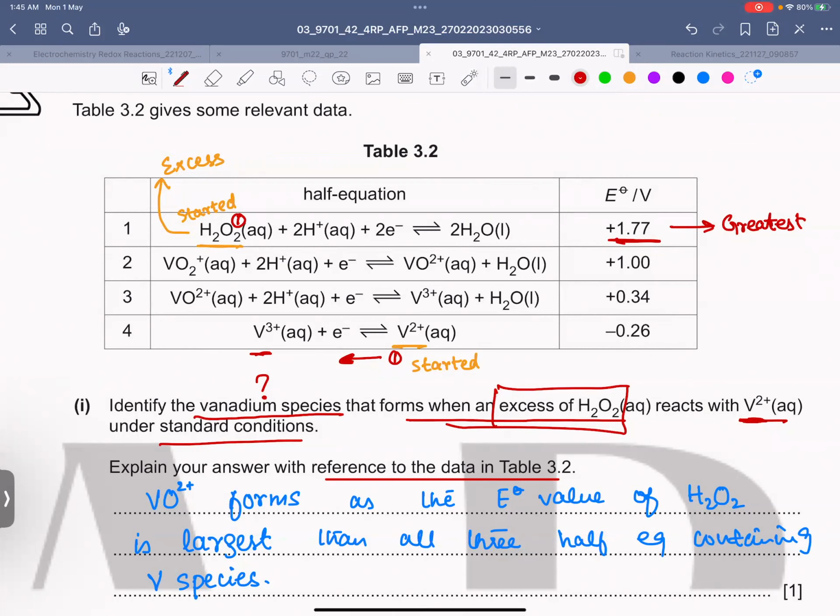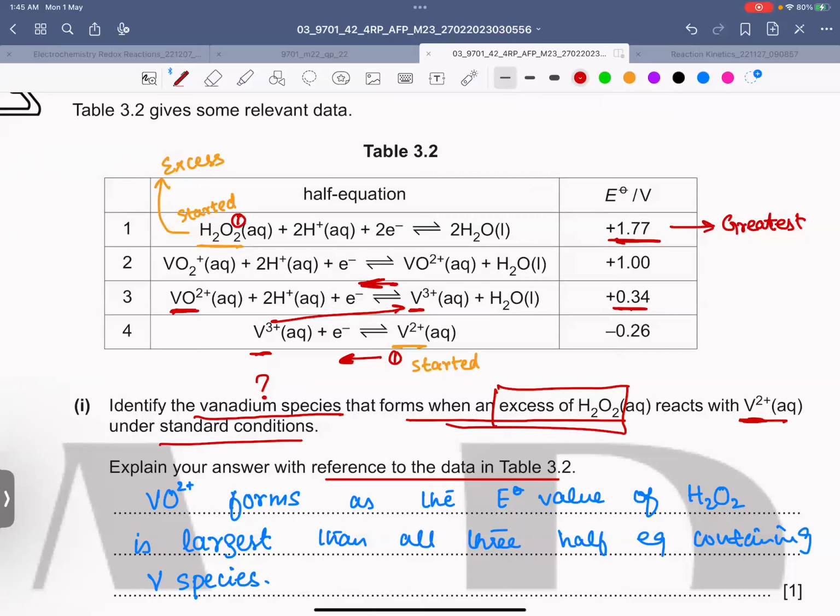Okay. Then if you see in the second equation, V3 positive is further oxidizable into VO2 positive. And if you look at its value, it is even smaller than 1.77. So when the V3 positive is formed, as H2O2 is in excess, it can further oxidize V3 positive into VO with a 2 positive charge.